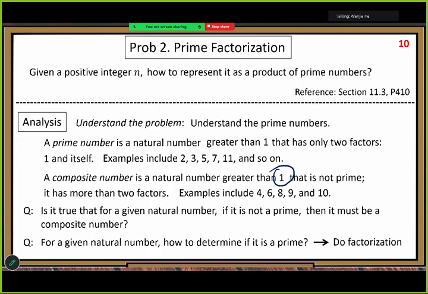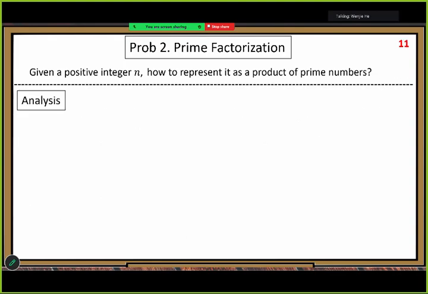If you get a trivial factorization, with only 2 factors, 1 and itself, it's a prime. But if you get a non-trivial factorization, with more than 2 factors, it's not a prime. So that's why we need to solve this prime factorization problem. How to do factorization? We need to look at the details. Now, let's do some analysis.